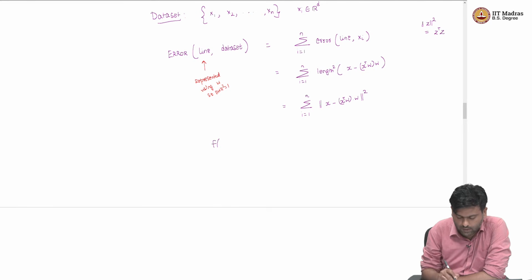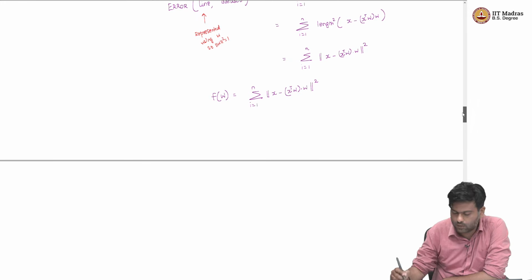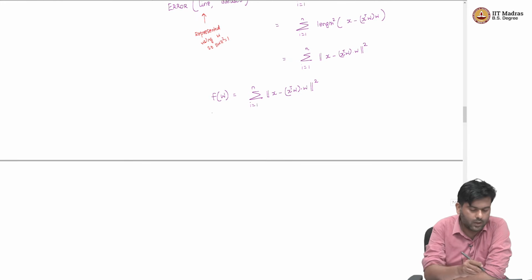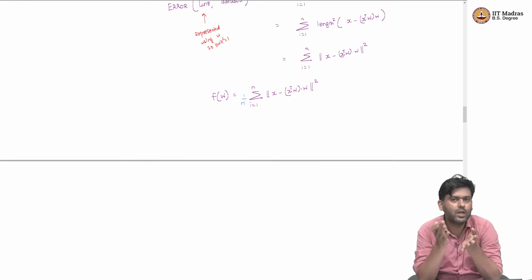So, we can think of this as some function of w, which is just the sum of the errors, x minus (x transpose w) into w, squared. Now you want to minimize this function. A couple of things that we will do here. We will think of this as the average error instead of the sum of the error. That does not really change the w, right.